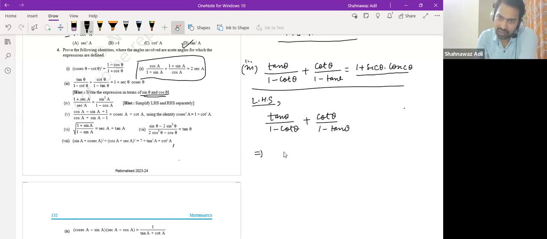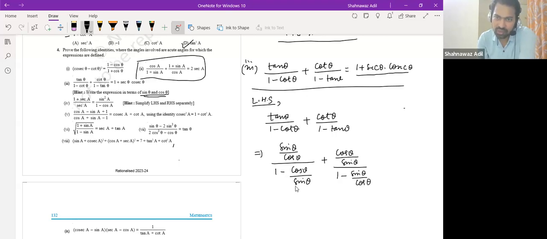So tan theta is sine theta by cos theta divided by 1 minus cos theta by sine theta. And then we have cos theta divided by sine theta, and then 1 minus sine theta divided by cos theta. Now this can be simplified further.